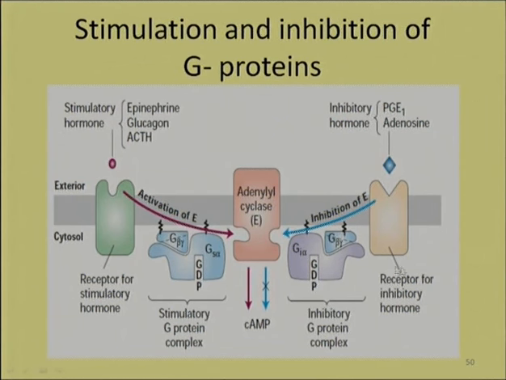That is why there is inhibition of the particular effector molecule. So this adenylyl cyclase is an effector, but in one case, by one receptor, which is a GPCR only, its activity is increased. In another case, where again it is a GPCR, its activity is reduced.